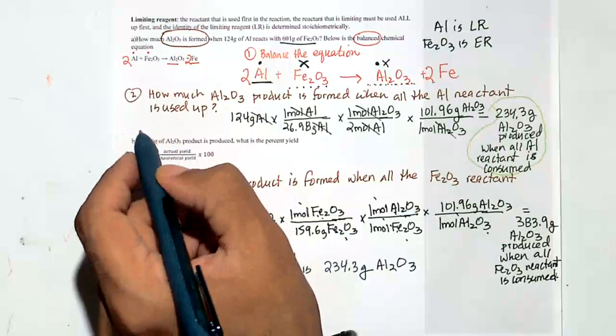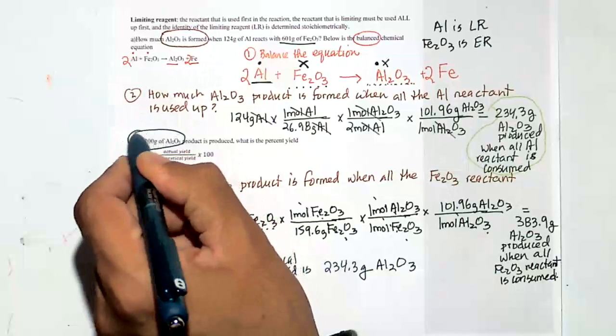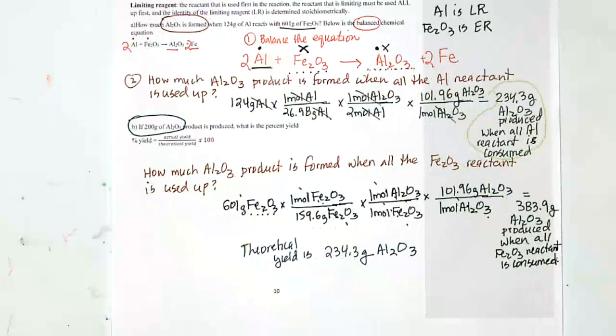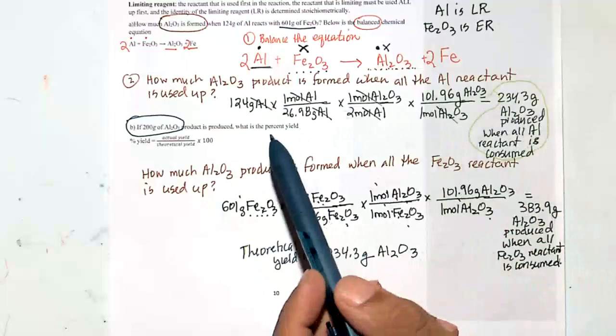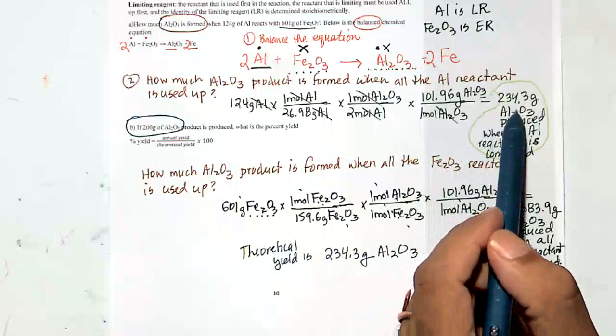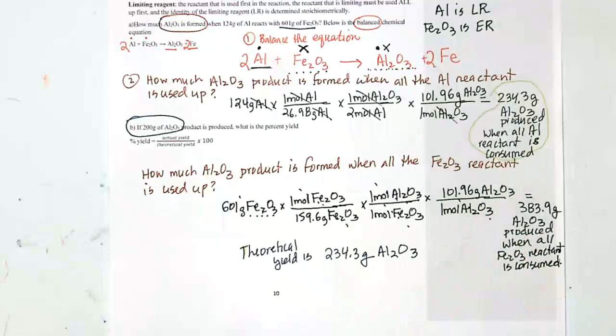What we usually get is the actual yield. Because we're humans and we're not perfect, if we were to do this reaction, we would not produce 234.3, because like I said, things spill, stuff boils off, sticks to the paper.